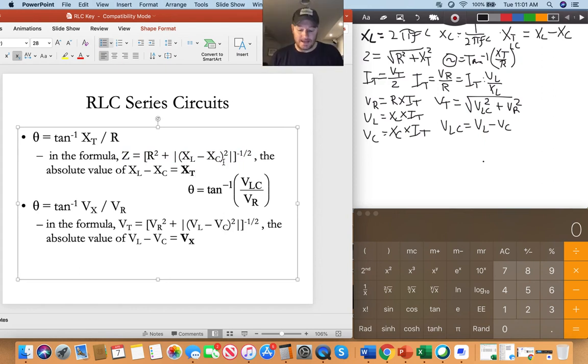Now, the phase angle, when we're dealing with voltage, is the phase angle equals tangent -1 of the voltage across LC over the voltage across the resistor.